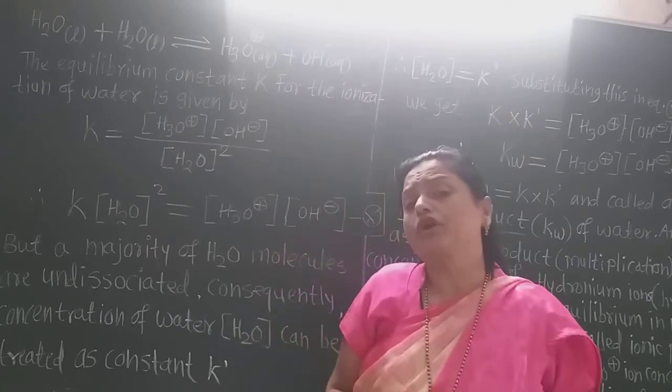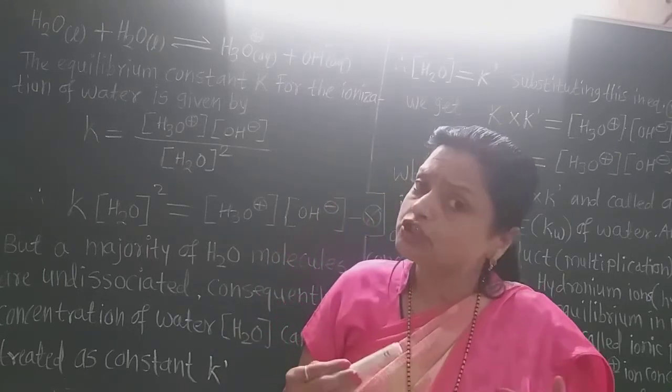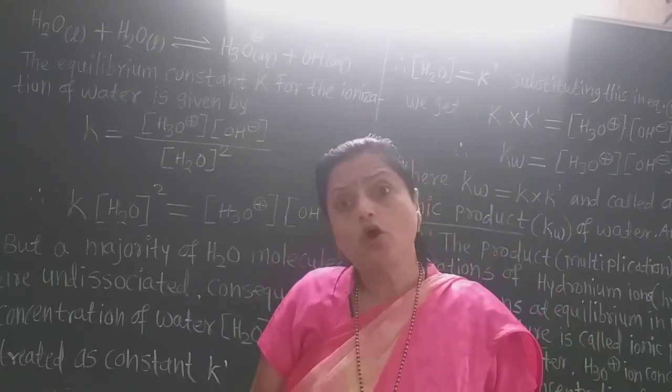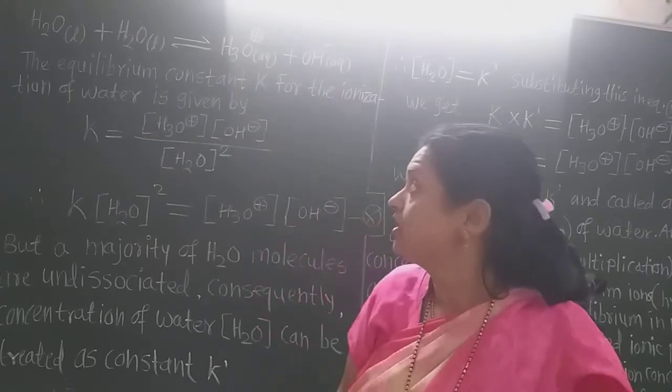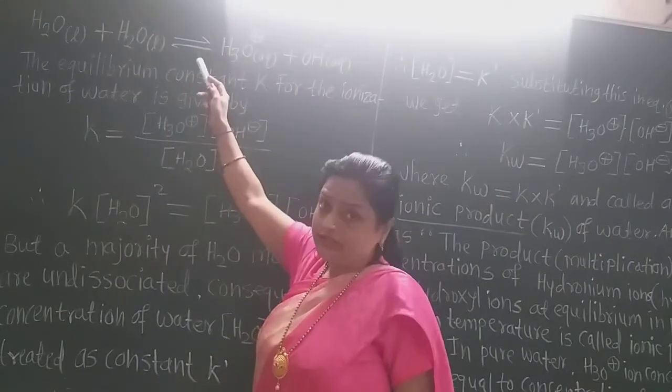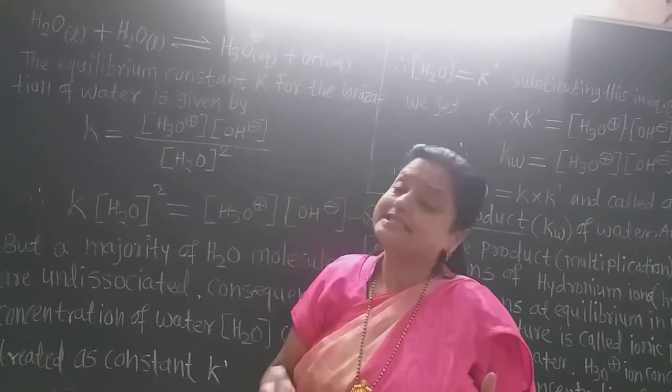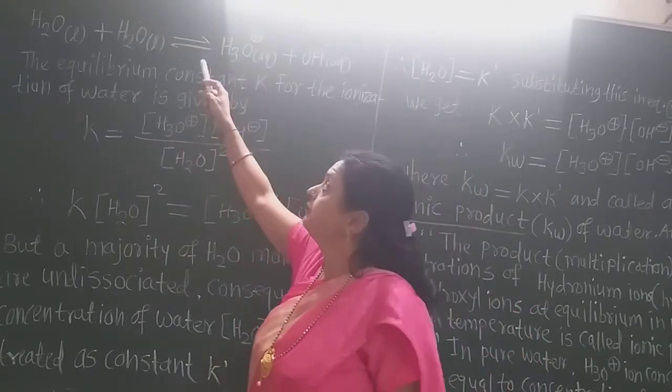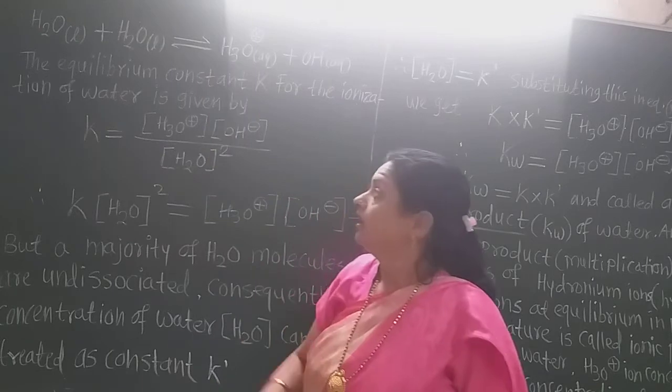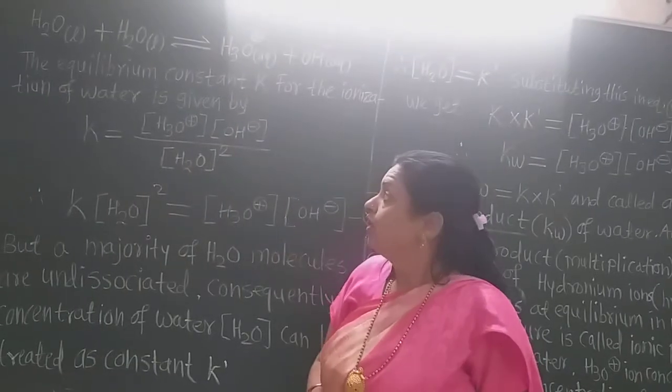Now we know that water ionizes only to a small extent, or in less proportion. So there is a double arrow between the reactants and products.